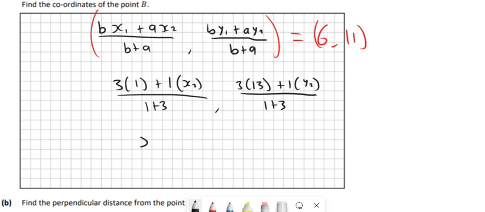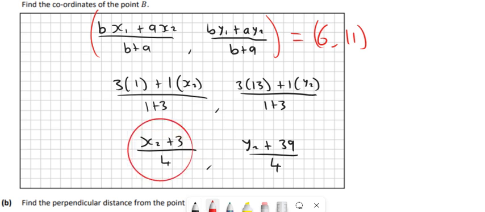The top then just becomes x2 plus 3 all over 4, and the other one is y2 plus 39 all over 4. That means that this here has to be 6, and that this here has to be 11, because that's what they both have to be.